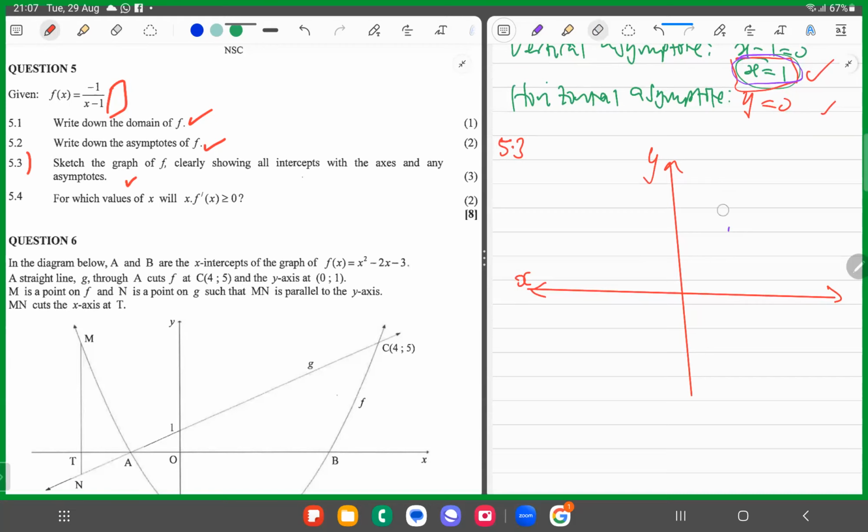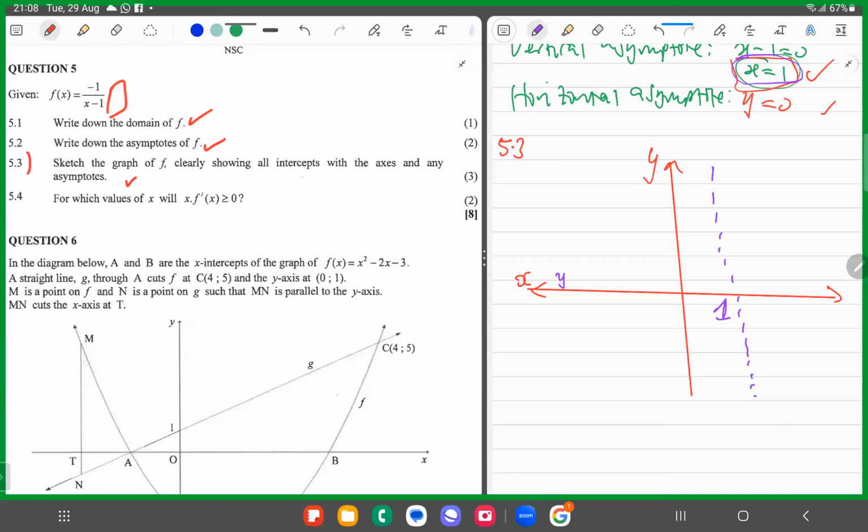Okay, make a dashed line so that it is not so untidy. All right, it goes through x equals 1. And then the other one is y equals 0. The line whose equation is y equals 0 is the x-axis.